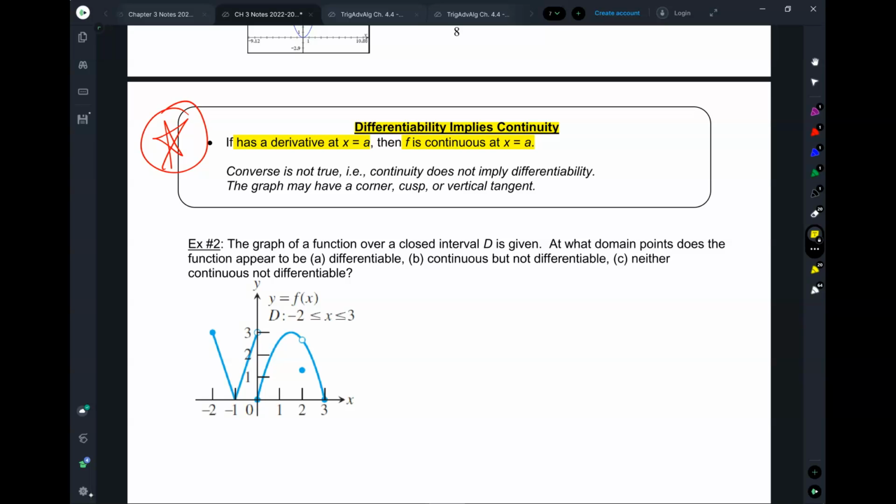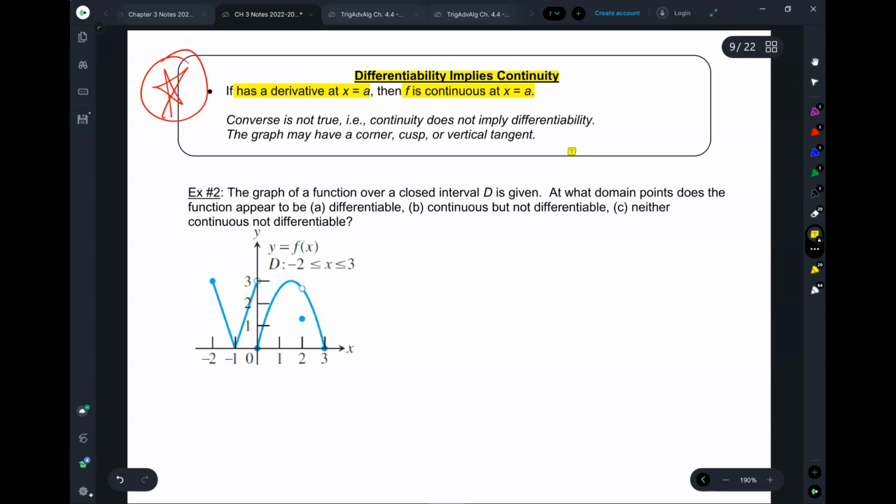Take a look here. You have a graph over a closed interval D. At what domain points does the function appear to be differentiable, continuous, whatever? I'm not going to read the other part. Let's just divide and conquer. A. At what part does it appear to be differentiable? So take a look.